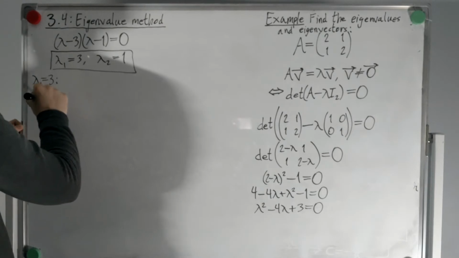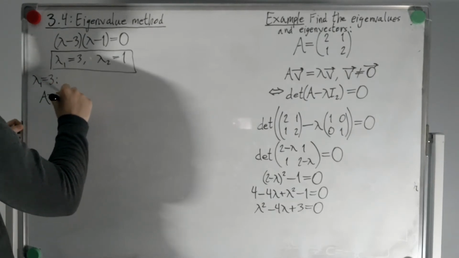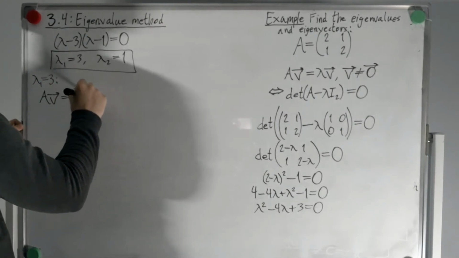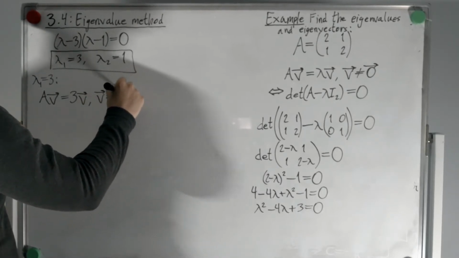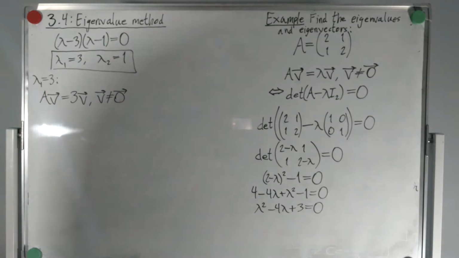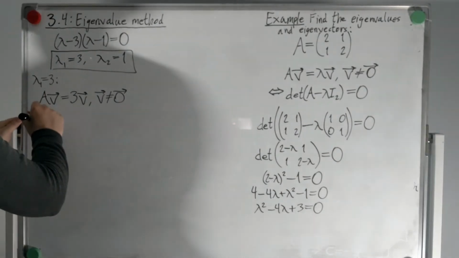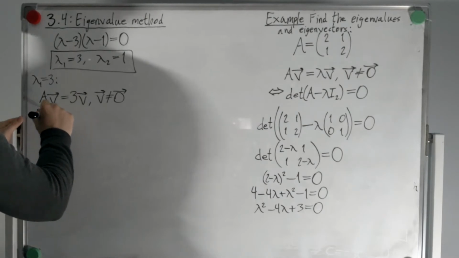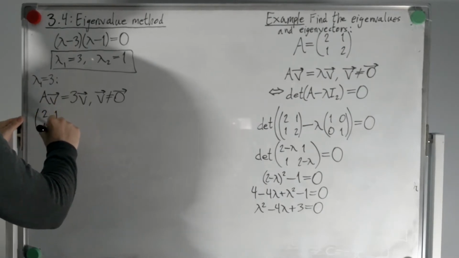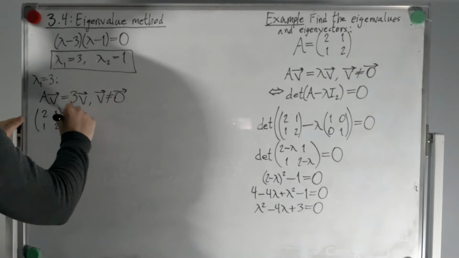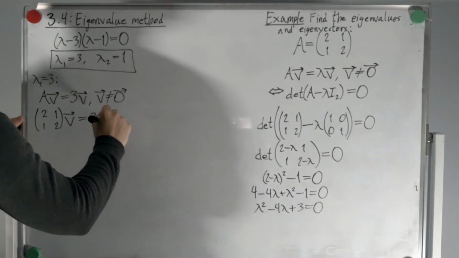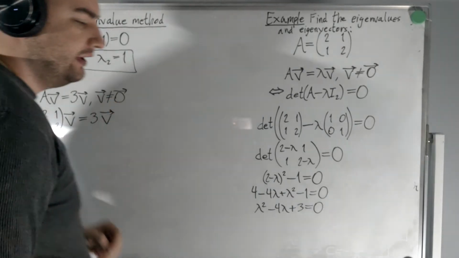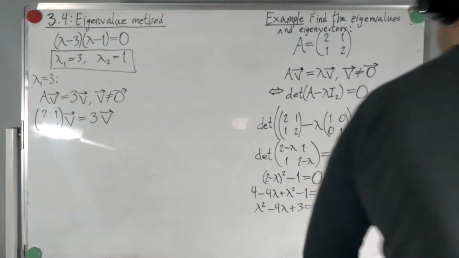This looks like A v vector equals 3 v vector, where v vector is not the 0 vector. This is the same as saying 2, 1, 1, 2 times some vector is going to be 3 times that same vector, and again, that vector better not be the 0 vector.